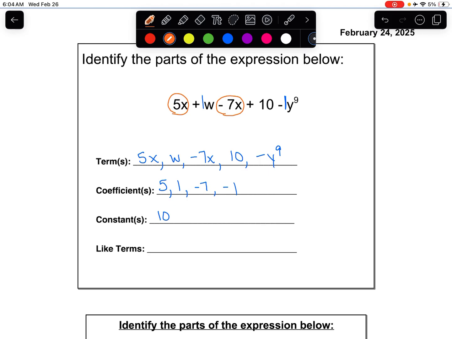These are the only two terms that both have an x. So 5x and -7x. Those terms are like terms because they both have an x. Our 1w, the 10, and the -1y are not like terms because they all have different variables or no variables.